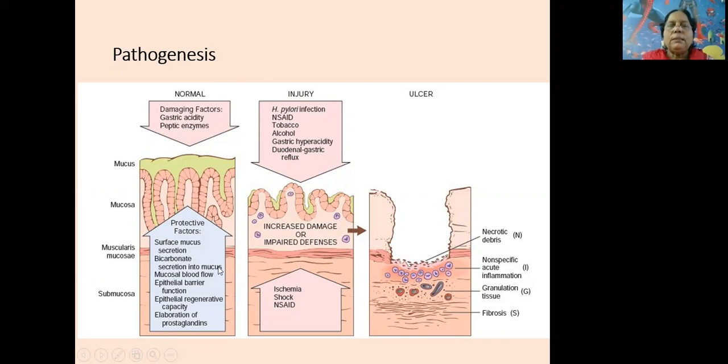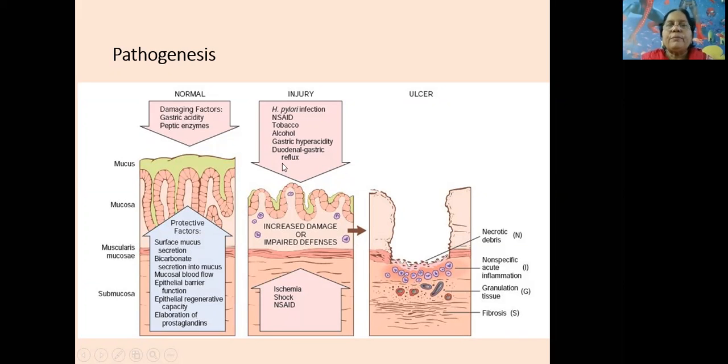So what are the protective factors that are deranged? Ischemia, where the mucosal blood flow is reduced, so oxygen and nutrient supply is reduced. Then shock, where also the blood flow is reduced. NSAID consumption will interfere with prostaglandin elaboration, as well as damage the mucus bicarbonate complex in the mucosa.